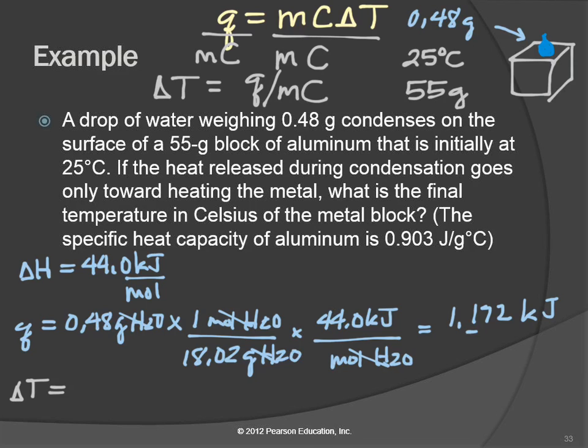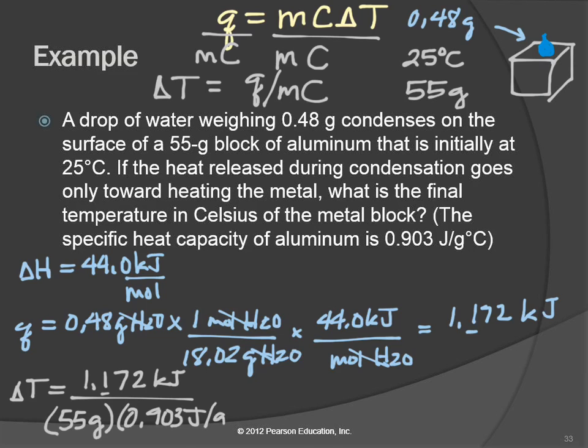So delta T is the Q, 1.172 kilojoules, divided by 55 grams, divided by 0.903 joules per gram degrees Celsius.